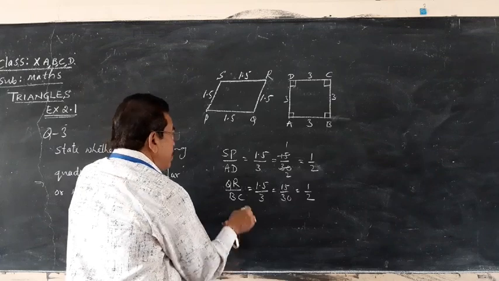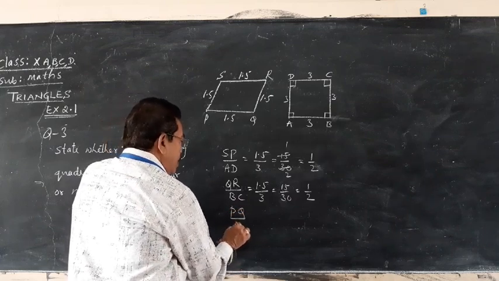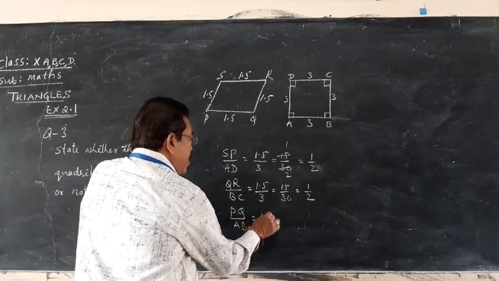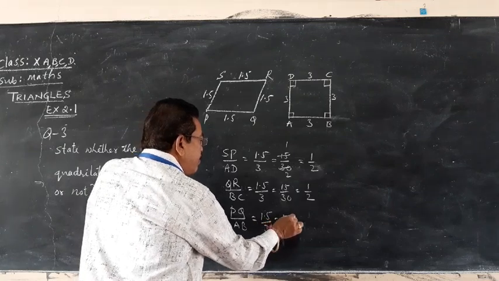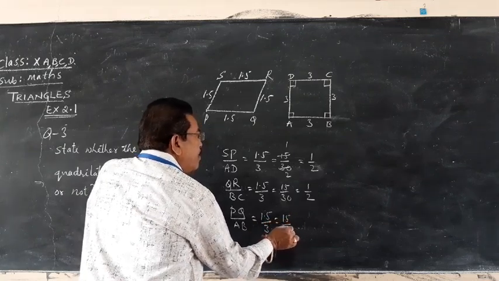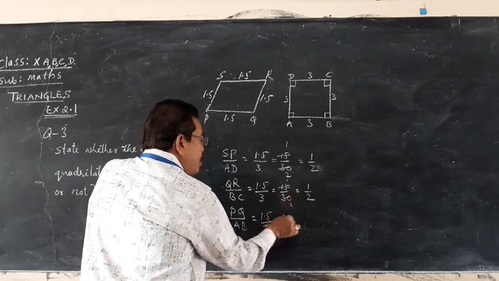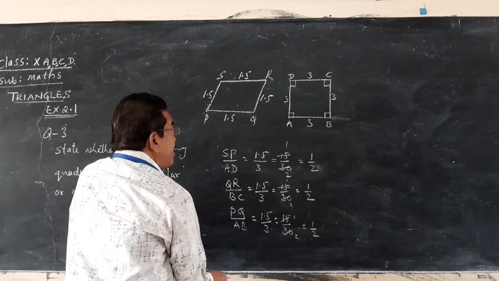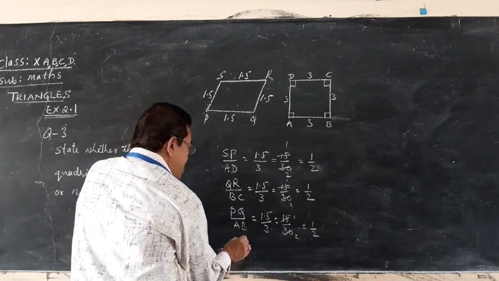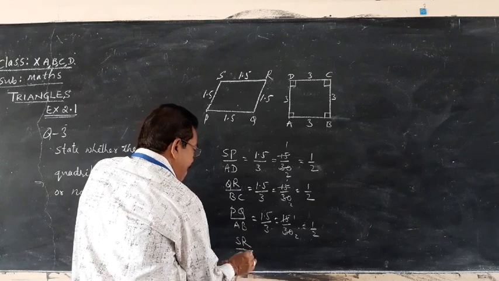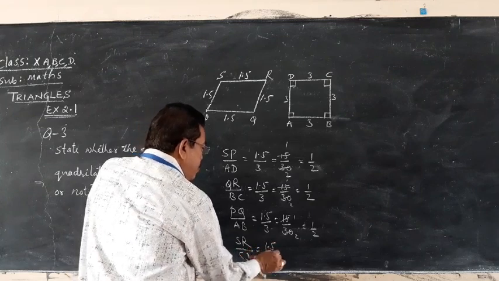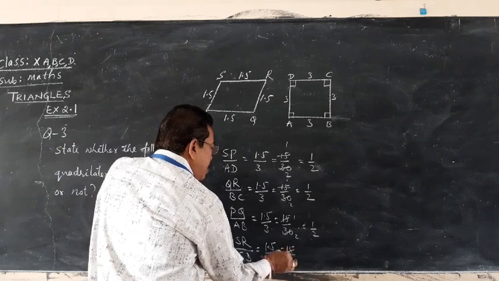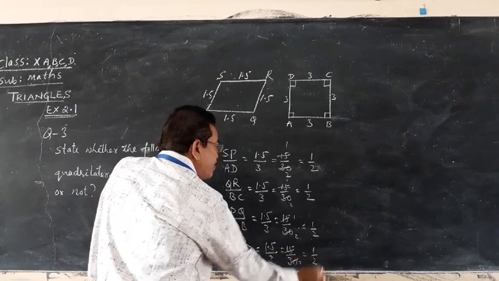Then PQ by AB, that is 1.5 divided by 3, that is 15 by 30, that is 1 by 2. Then another corresponding side, SR divided by CD, 1.5 divided by 3, 15 by 30, equals 1 by 2.